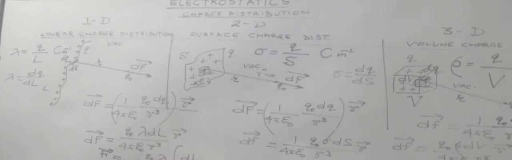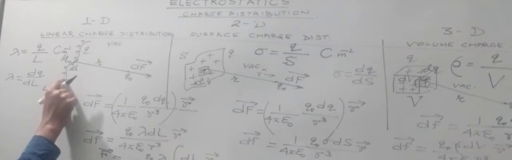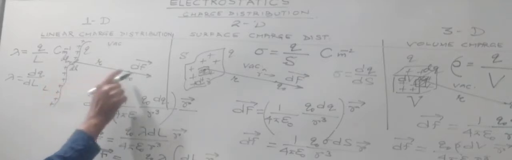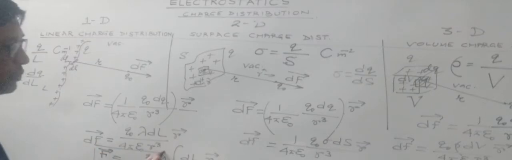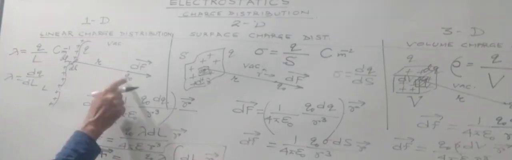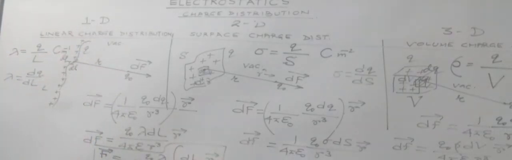So it is dl by r cube r vector. R can't be constant, because if you consider an elementary portion over here, then the distance of the observation point from this elementary charge would be varying. So it can't be taken outside the integration. Right? And this is known as a line integral, a single integration.